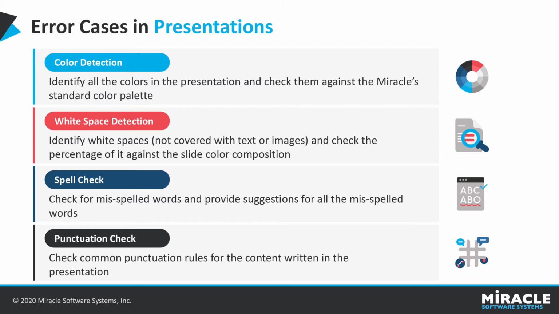If there are any misspelled words, this module flags them as wrong spelling and also suggests the appropriate spellings for the word. Punctuation check. We have identified some commonly made punctuation mistakes, like giving a double space between words or not giving a space after a comma, etc. We have consolidated all these mistakes and built the module in such a way that if there is any violation of the punctuation rules, it is shown to the reviewer.